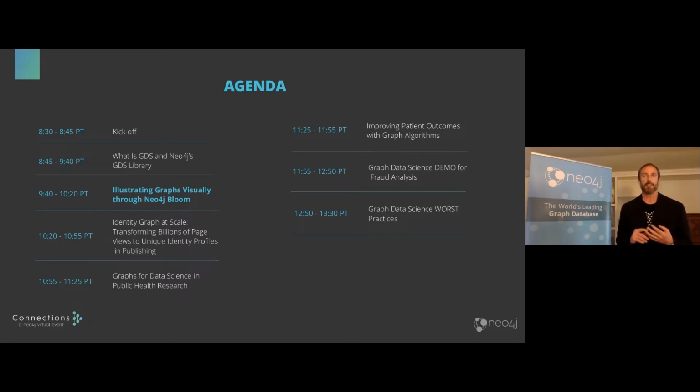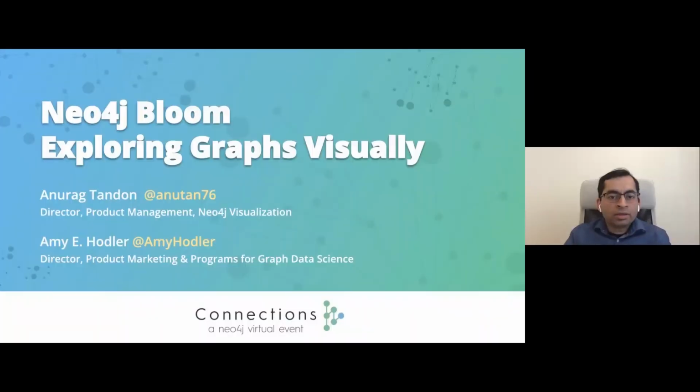He's got a master's degree in mechanical engineering from the University of Maryland, and an MBA from the Ross School of Business at the University of Michigan. Anurag's really going to put a face on these things that we've talked about, so he's going to come up and demonstrate Bloom. With that, I want to pass it over to Anurag. Welcome, Anurag. Thank you, Lance.